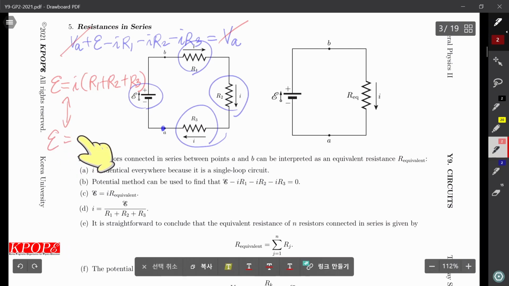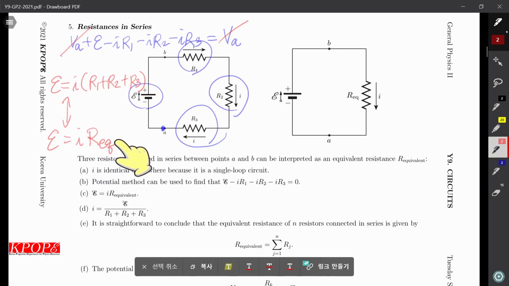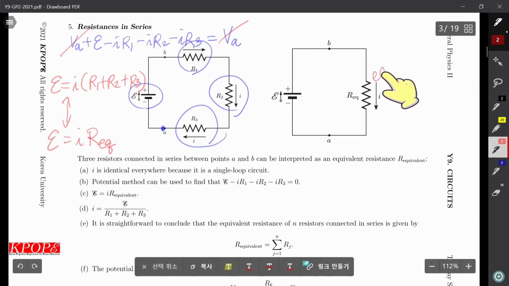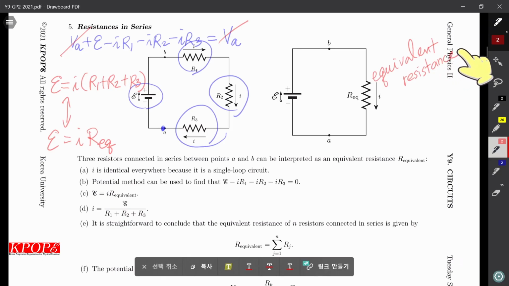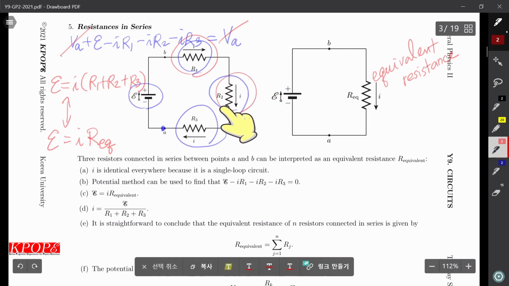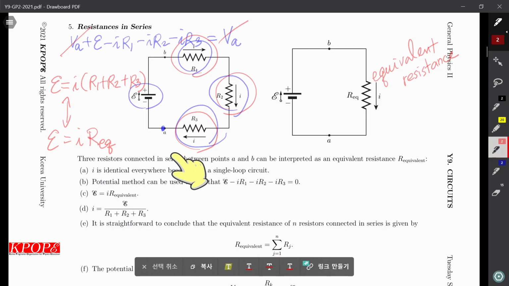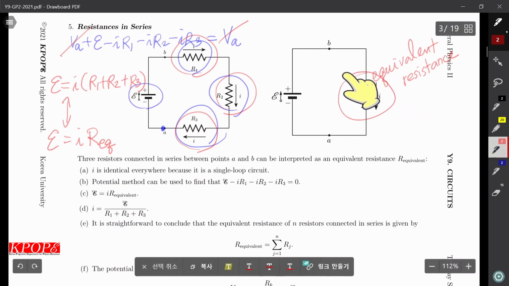So E equals I times something. We say this is R equivalent, the equivalent resistance. Although we used 3 resistors, it can be treated as a single resistor having the amount of equivalent resistance, REQ.